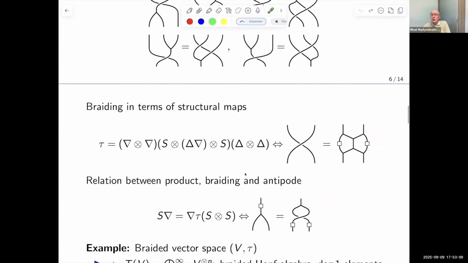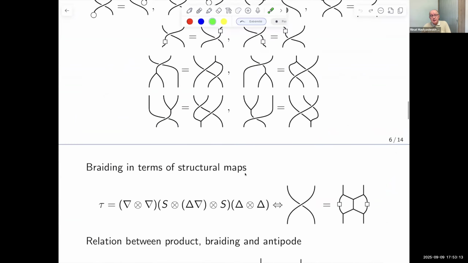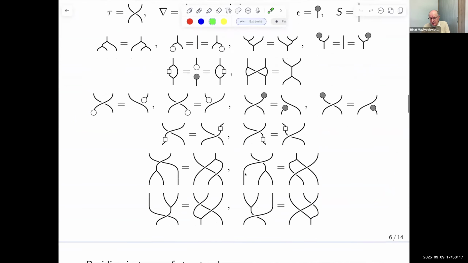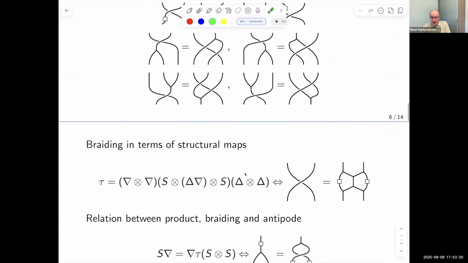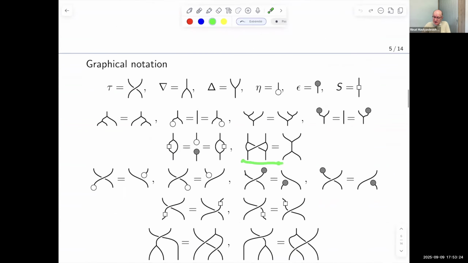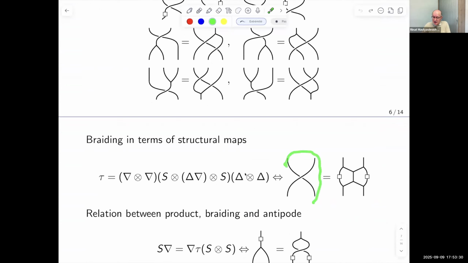And now having this diagrammatic axiomatics, we can start playing games. In particular, we can rewrite this braided compatibility condition in such a way that the braiding is entirely expressed in terms of structural constants.